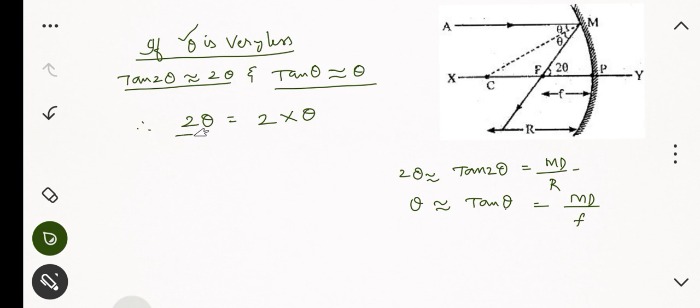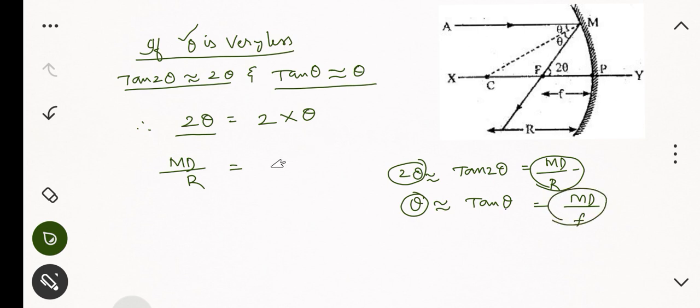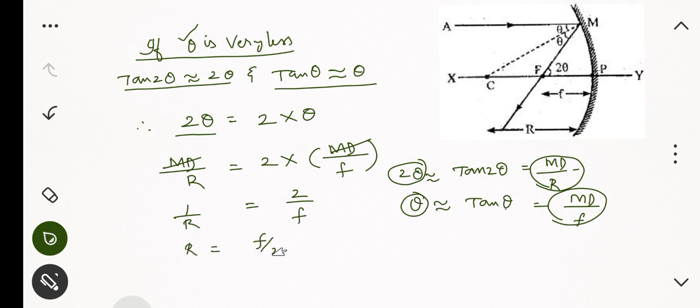So we can replace tan 2 theta as MD by R, and tan theta is replaced by MD by f. So 2 into MD divided by f. Here MD gets cancelled. So 1 by R is equal to 2 by f, or R is equal to f by 2.